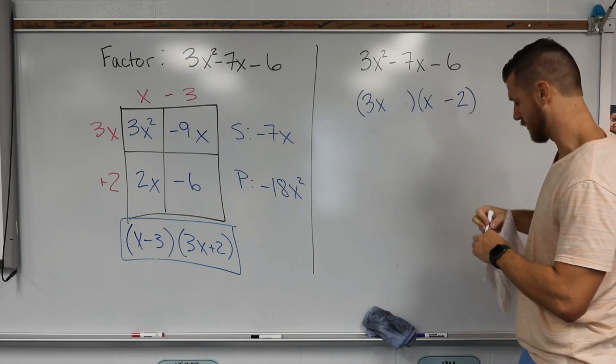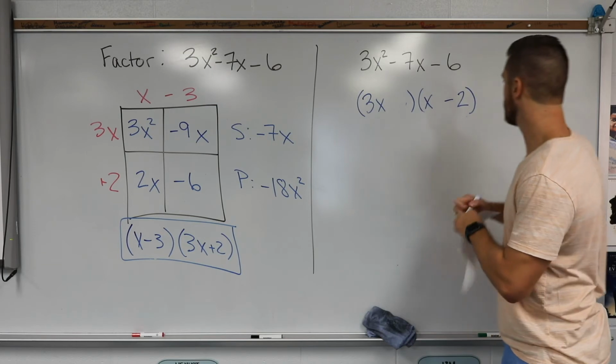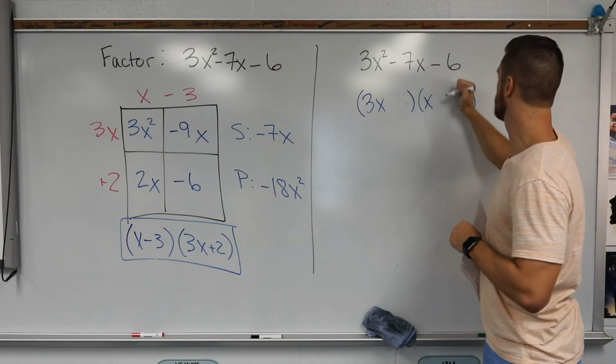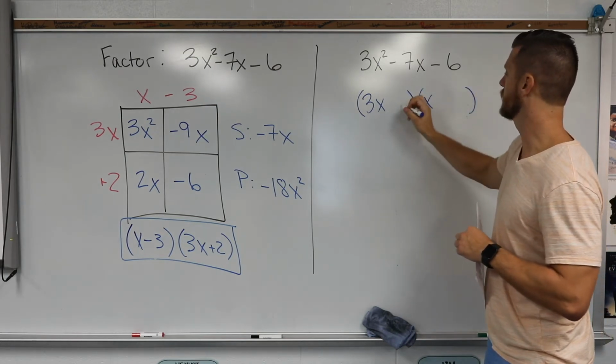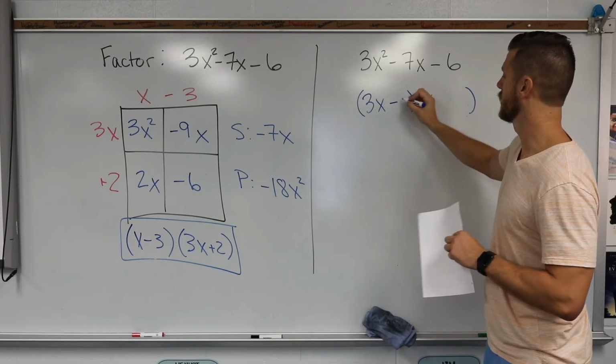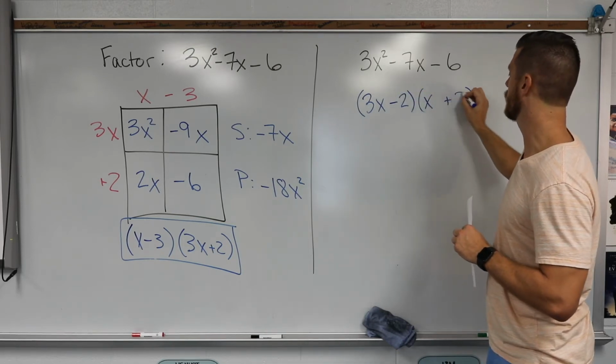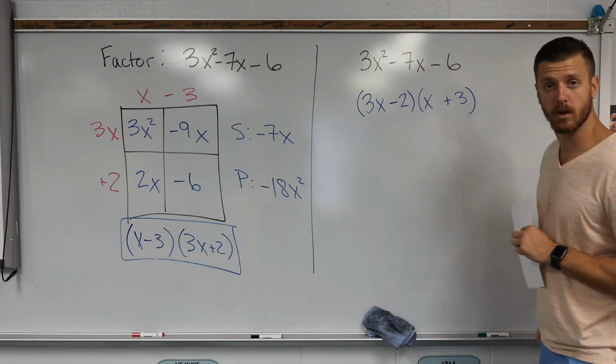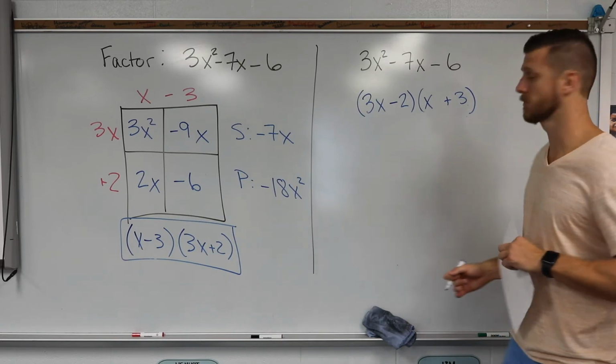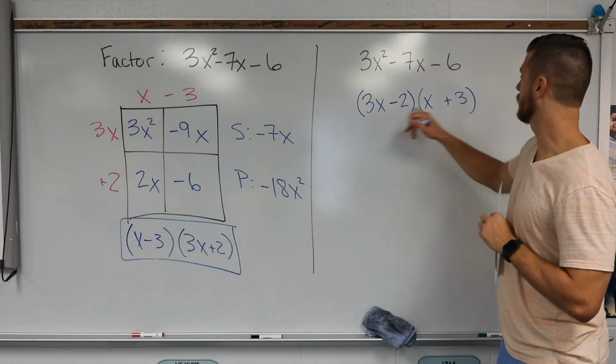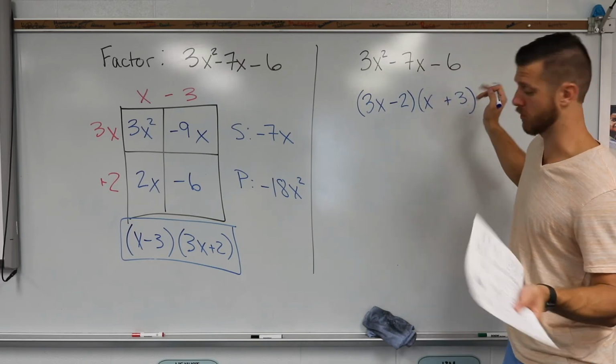Let's change the signs. Let's say negative 2 and positive 3. Will that work? See, it's a guess and check. Negative 2 times 3, negative 6. So far, so good.